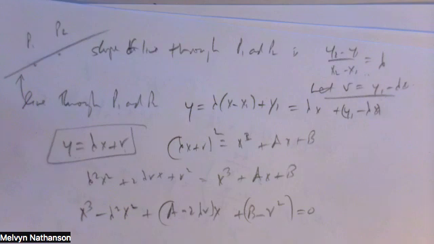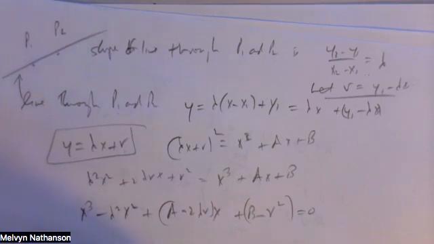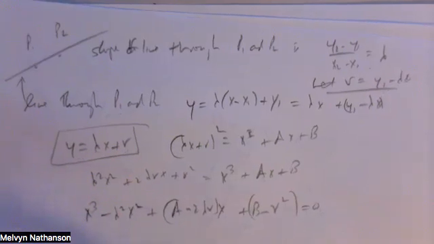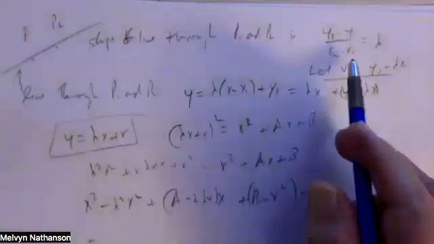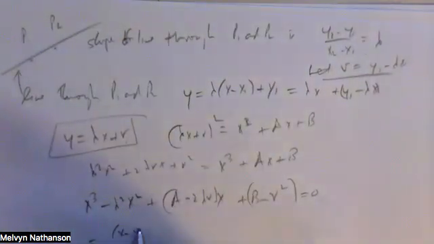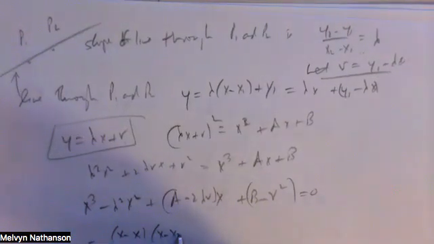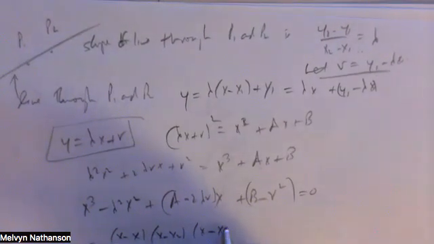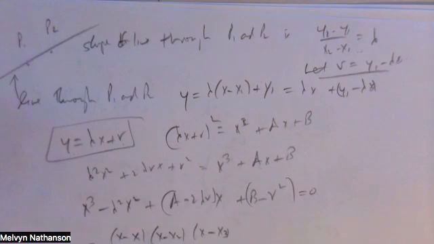So the points of intersection of the line and the elliptic curve have x coordinates that satisfy this. And this is going to factor. x1 and x2 are two roots, so (x minus x1)(x minus x2), and we call the third root x3.